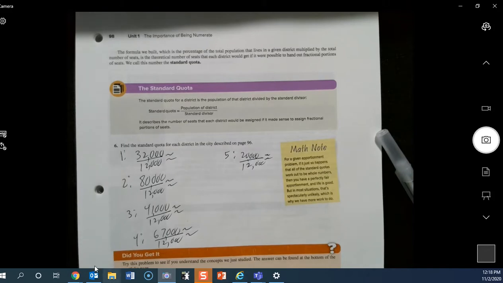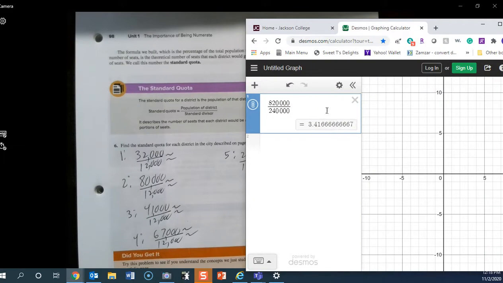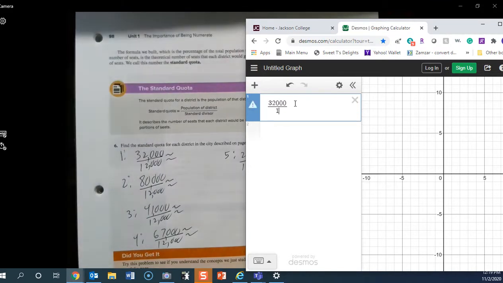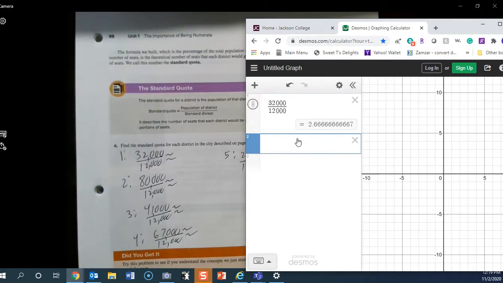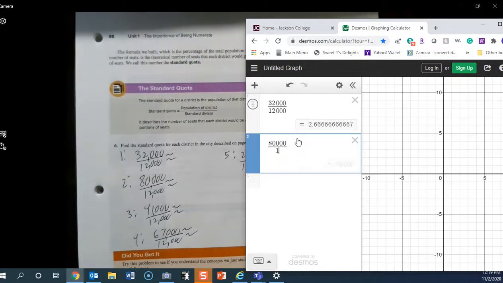Okay, so now, let me get this calculator here. So we'll start. We have 32,000 divided by 12,000. Then we would do 80,000 divided by 12,000.